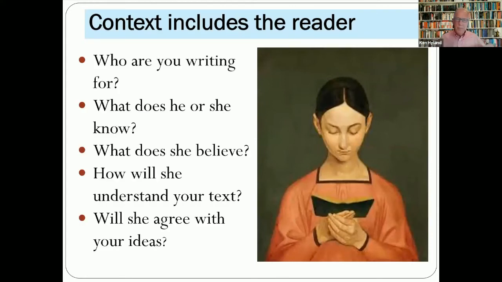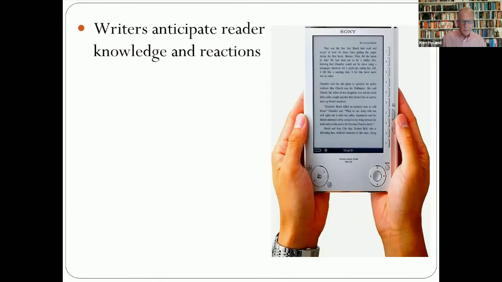So writers implicitly are constantly asking themselves a number of questions, because this influences how they're going to write the text. Whether the person, what the relationship is with that person, whether they are likely to agree with you or not, are key determinants. So when we write, we choose our words to connect with others and present our ideas in ways that are likely to make most sense to them.